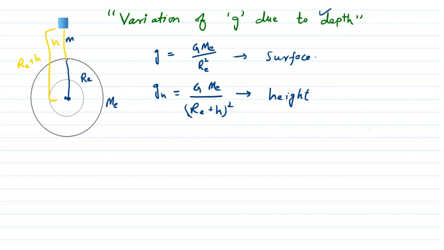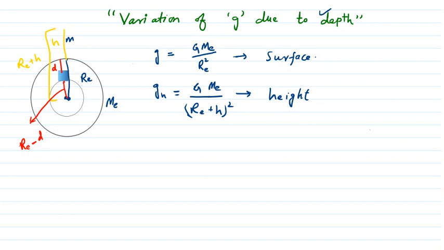Let's say now we go inside the earth, for example over here. Now we are at some depth, and from here to here we cover some distance d. Now the distance is different, and that distance is Re minus d.